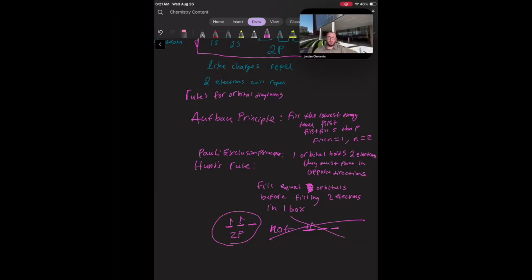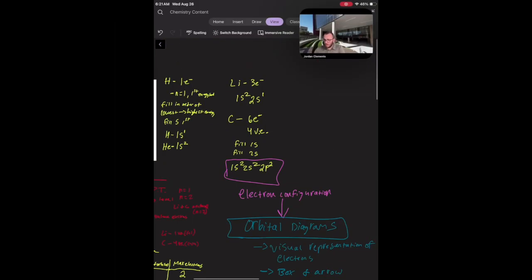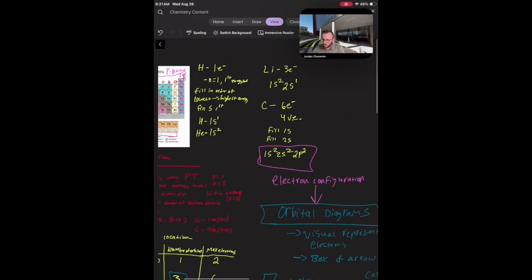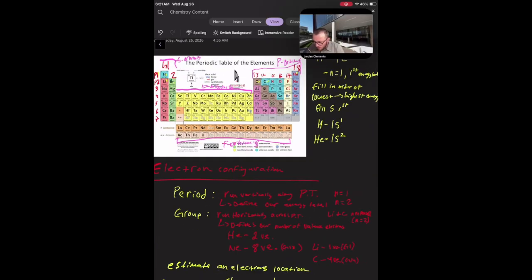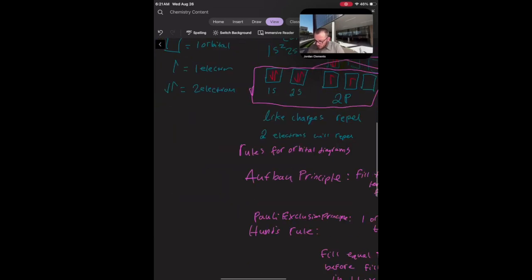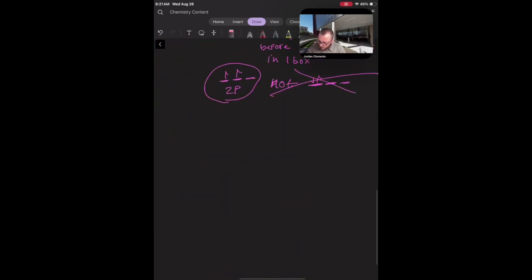And so let's look at an example. Again, let's do magnesium.